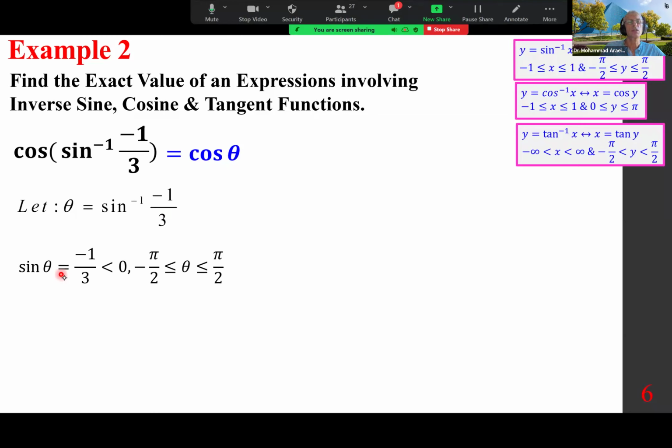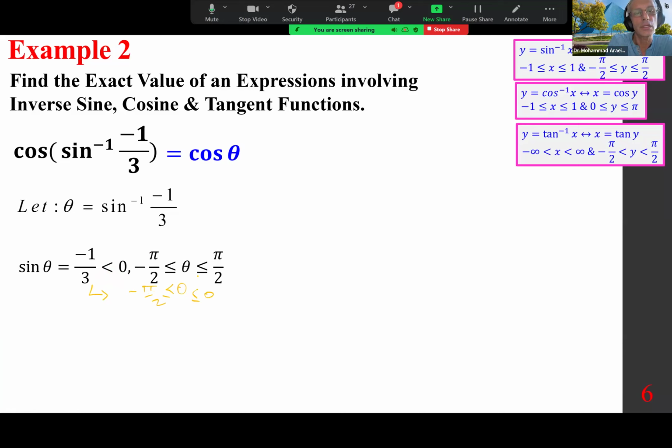And because sine is negative, theta is between negative pi over 2 and 0.